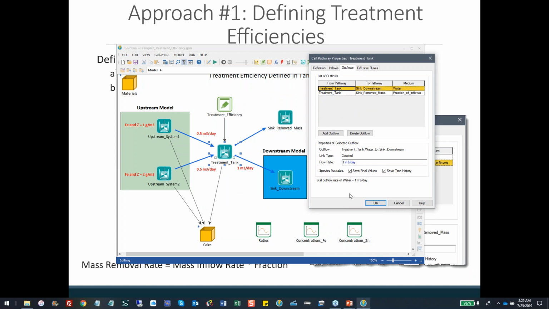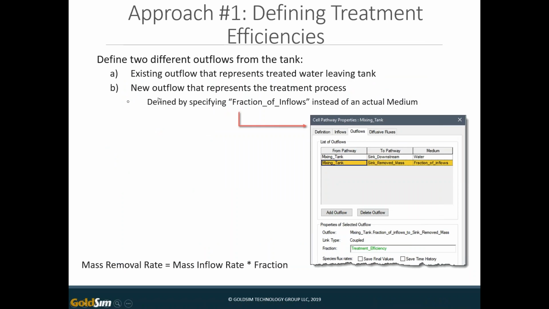So that's the exact same outflow we had in our mixing model. Nothing has changed there. We're just going to advect some water from here to here, and it's going to carry some mass with it. But what we're going to do that's a little bit different is we're going to add another outflow that's called a fraction of inflows.